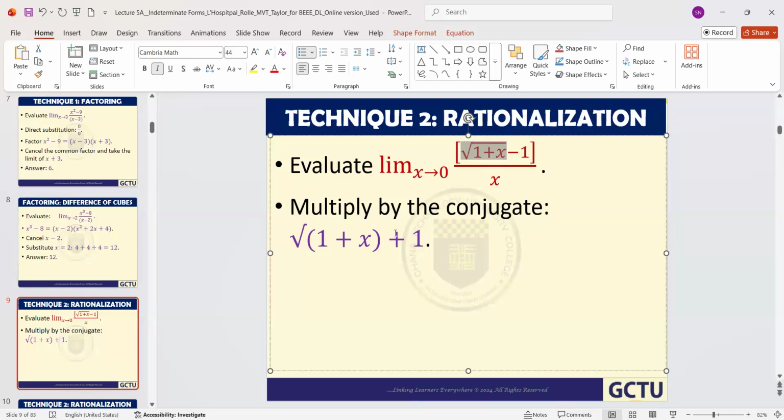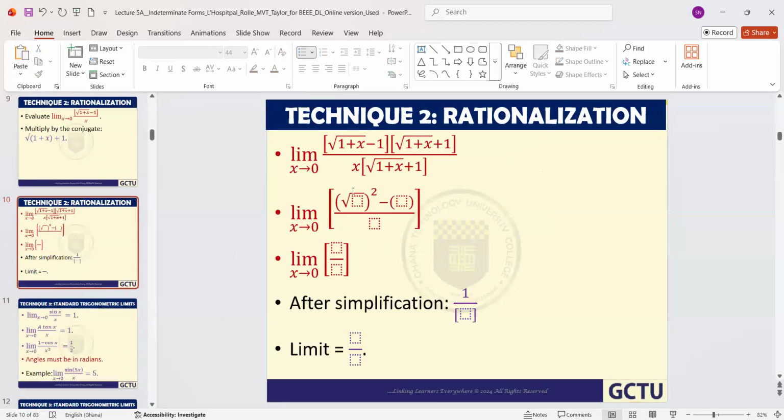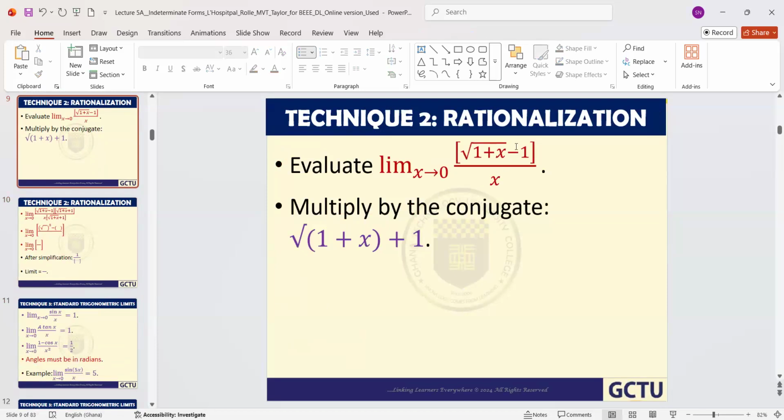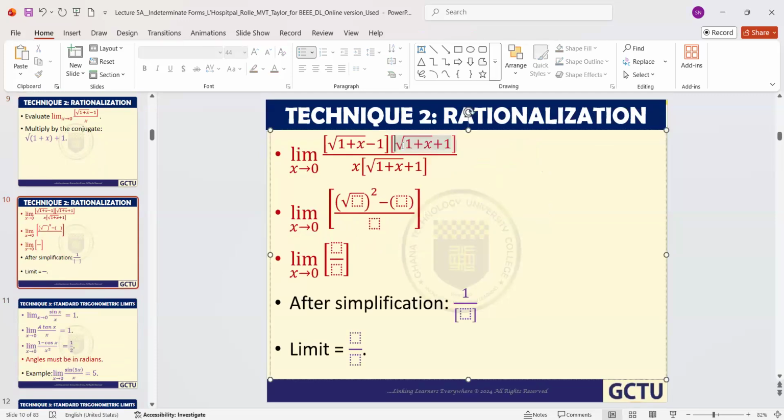This morning, I went through the slide and I felt we need to do this together so that if you have forgotten, you can remember. So rationalizing means that you multiply the numerator and denominator by the conjugate. Remember that the original question has a minus here, so the conjugate will be plus. So I have placed the plus 1 on each side, and I multiply the numerator and the denominator by this.